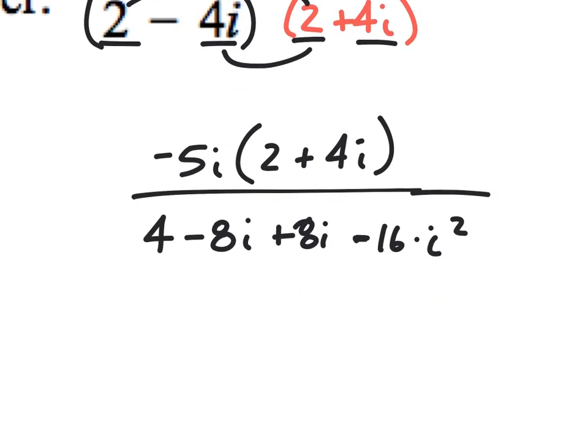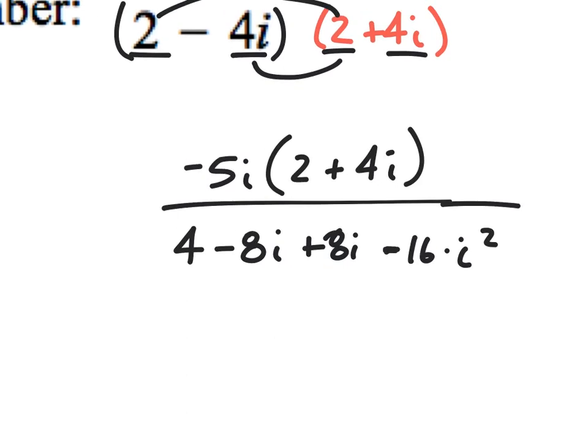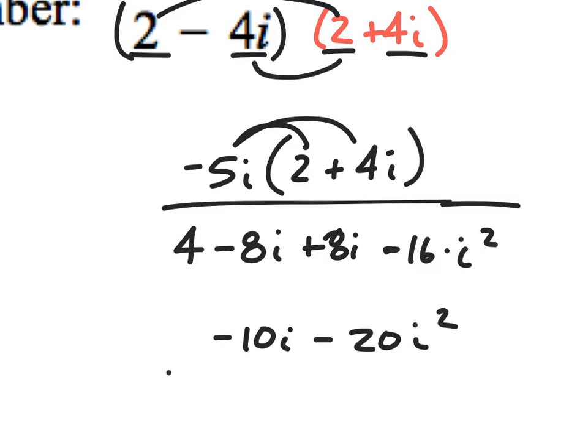Now let's do the next steps. The first thing I want to do is distribute my negative 5i into both terms. Negative 5i times 2 gives me negative 10i. Negative 5i times positive 4i gives me minus 20i squared. And we're going to divide all that by 4. And here's the cool part, here's why we multiply by the conjugate: these middle terms are going to cancel out.